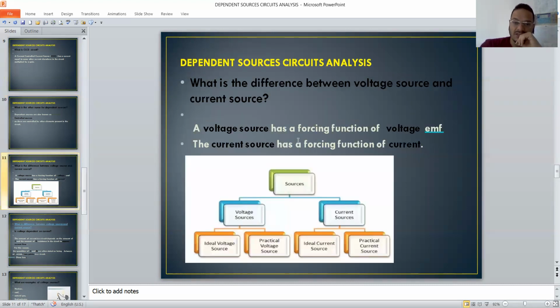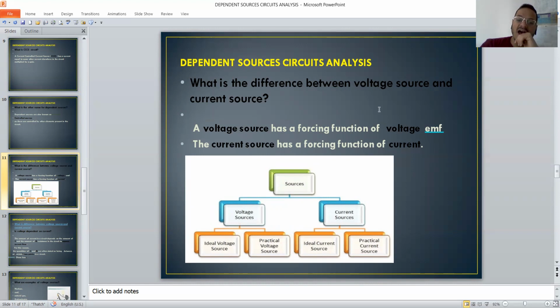What is the difference between voltage sources and current sources? I selected this question from Google because I think it's an interesting question. Not difficult, but important for us to know the difference between them.